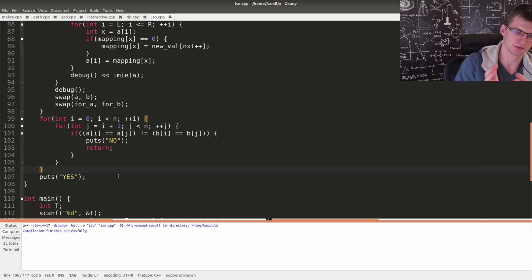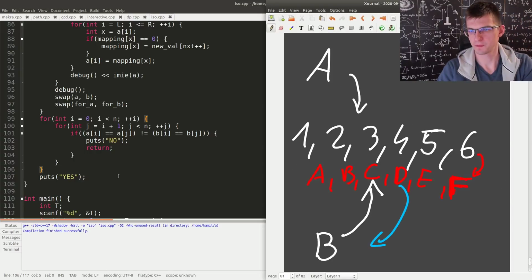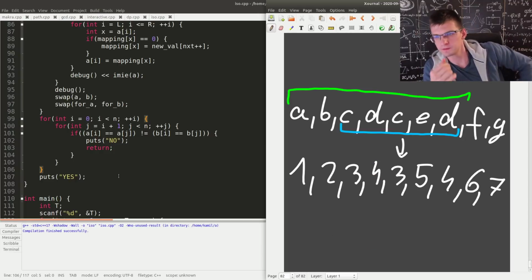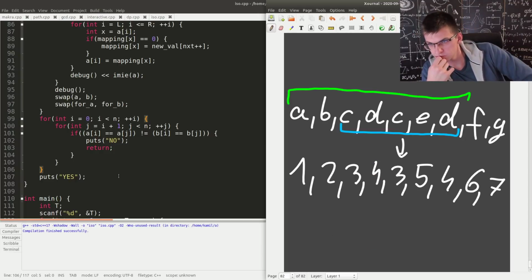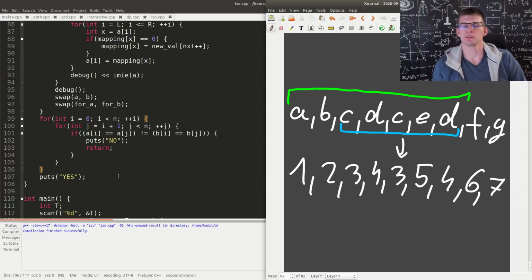But now iterate over every part, and what do I do here? The values are distinct here and there.